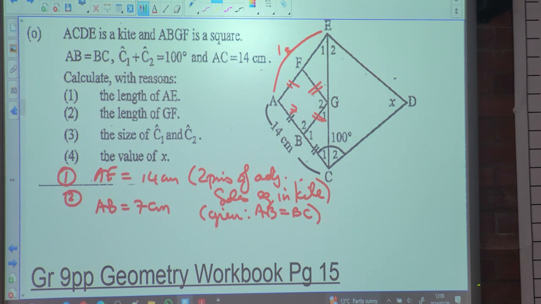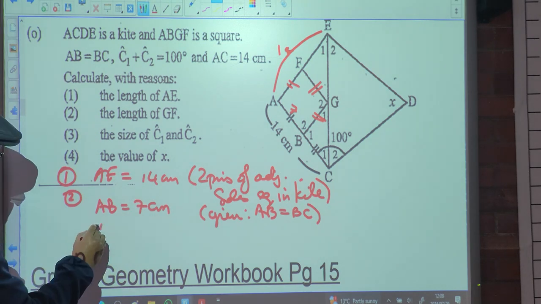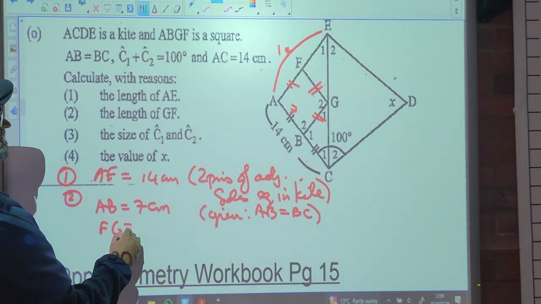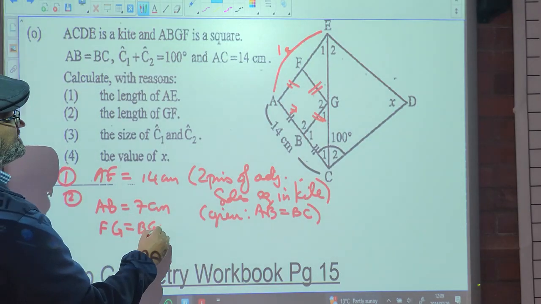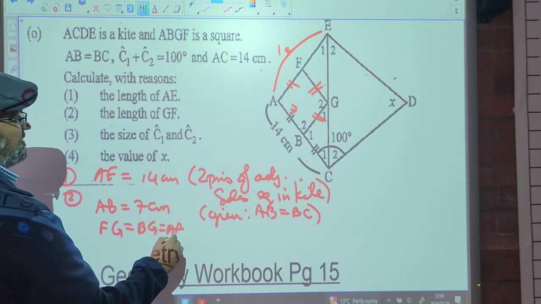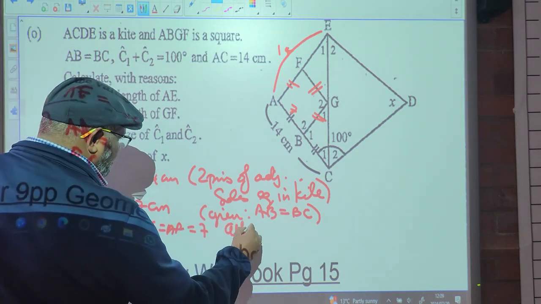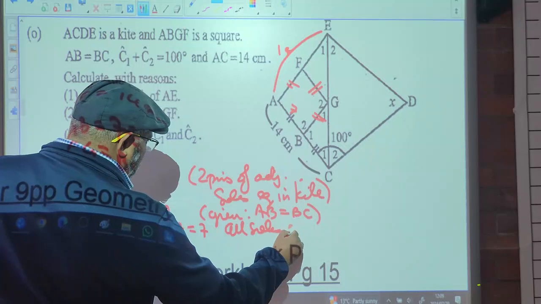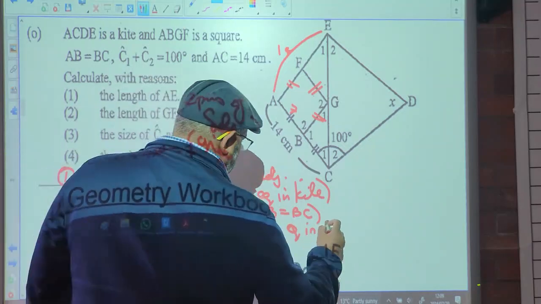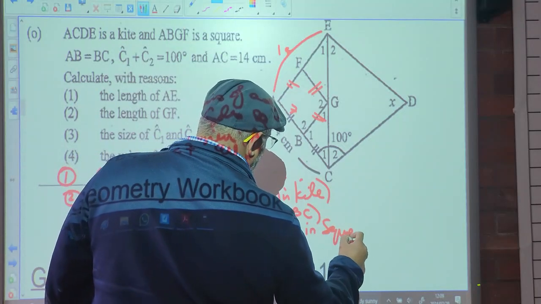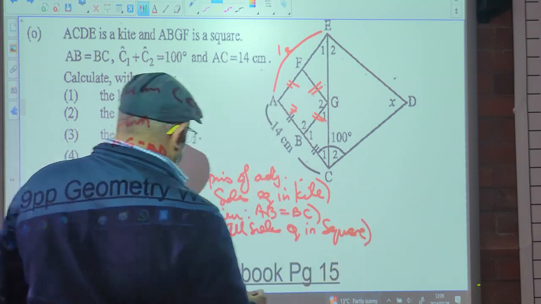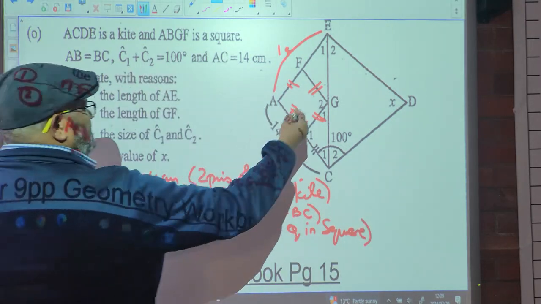Now BG, which is equal to AF, is equal to 7. Why? All sides equal in a square. Did I have to say all of that there? No, I could have just said what I want.